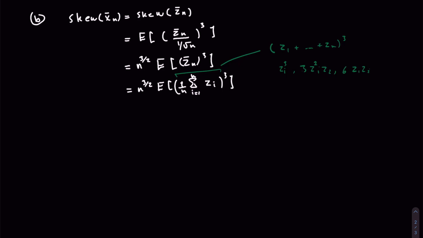Let me actually just write out. So we have z1 and then up to zn, with pluses here, cubed, and then we'll have 3 z1 squared z2, and we'll have a bunch of those terms.